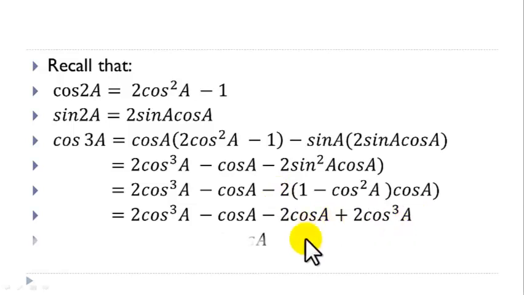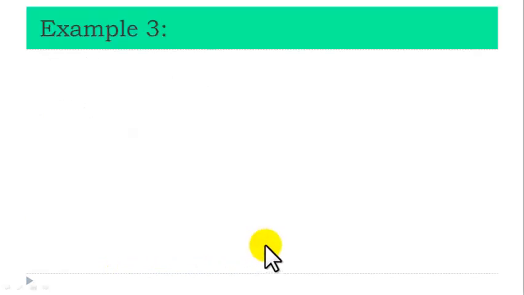Collecting like terms, we will obtain 2 cos cube a plus 2 cos cube a will give us 4 cos cube a. Minus cos a minus 2 cos a is minus 3 cos a. So therefore we have proved that cos 3a is equal to 4 cos cube a minus 3 cos a. Example 3.